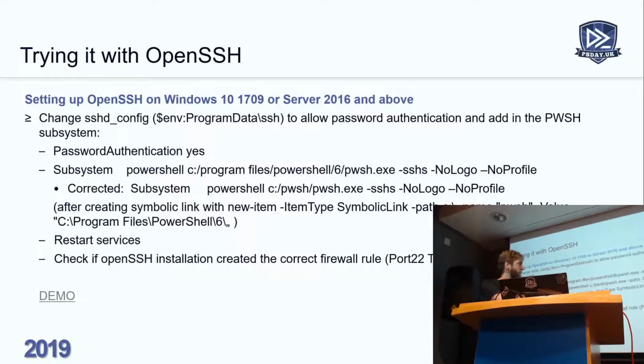So if you have set that up, you correct your subsystem entry and then make sure port 22 is open, which is normally done by the installation itself, and also that the SSHD is in the path variable.